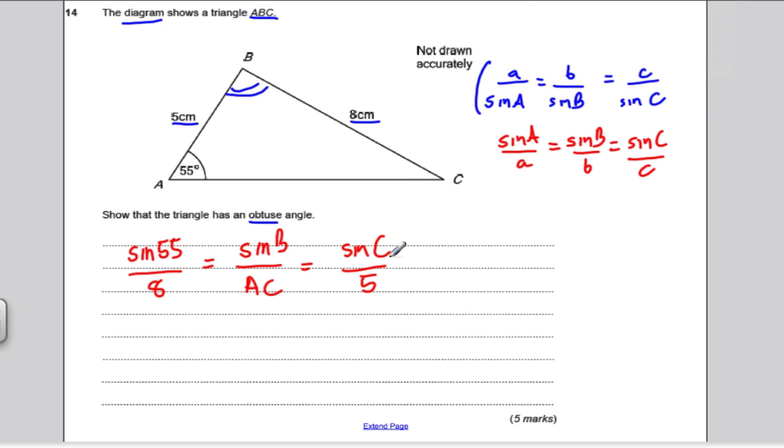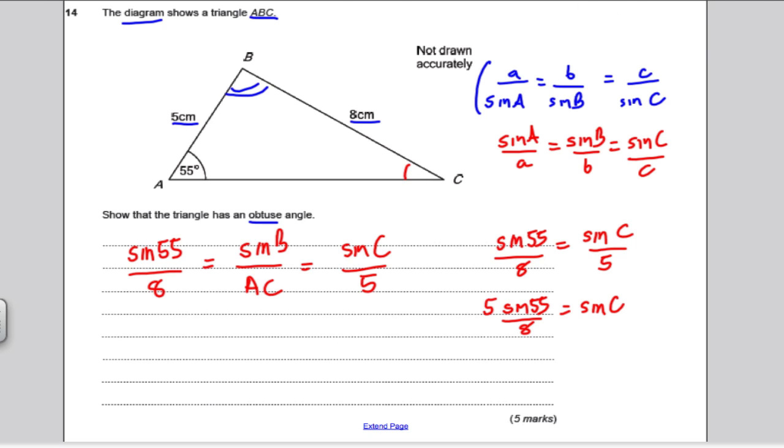Now, let's try and work out angle C. Forgetting about the middle one for now, sine of 55 over 8 must equal the sine of this angle C over 5. So rearranging, times both sides by 5, 5 sine 55 over 8 must be sine of C.